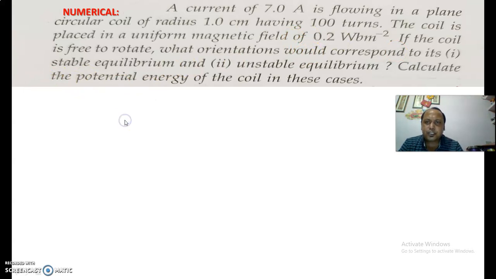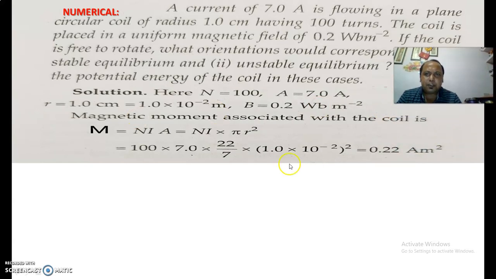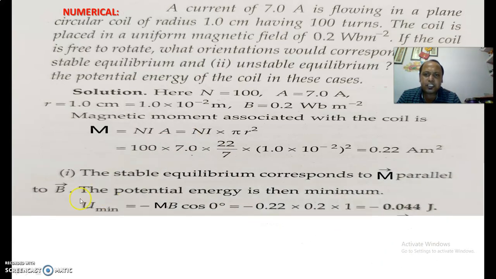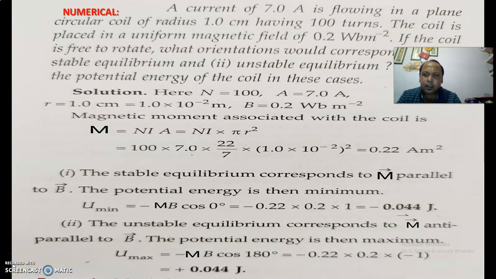So this can be done in a very simple way. You have to calculate the magnetic dipole moment, which is NIA; N, I and A are all given. After that, for stable equilibrium, the minimum value is minus mB cos theta, where theta is 0 degree. That you need to calculate, and then you have to calculate for the unstable case.